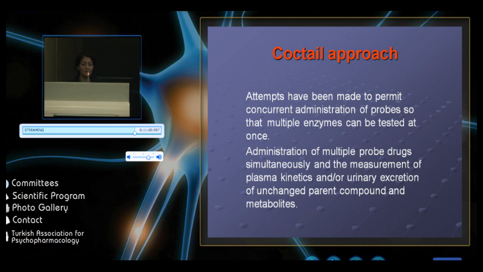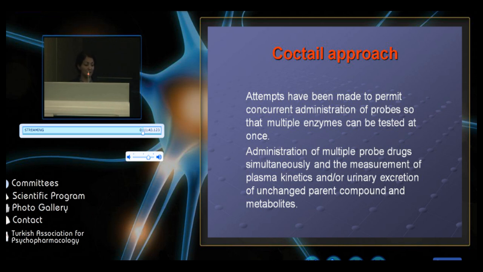And also there is a phenotyping study where we have more than one substance. The advantage is that, for instance, when you give one substance, you see one single enzyme. However, in order to make it more practical, if you co-administer a couple of substances, we may be able to see more than one enzyme. The cocktail approach is not so frequently used. The reason for that is ethical, because there are some side effects of these substances, and they may have some interactions, and they may change the metabolic pathway.